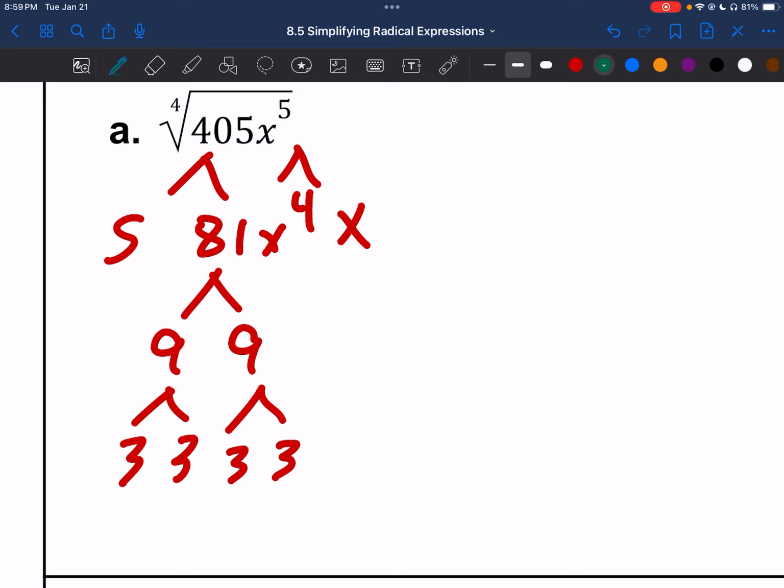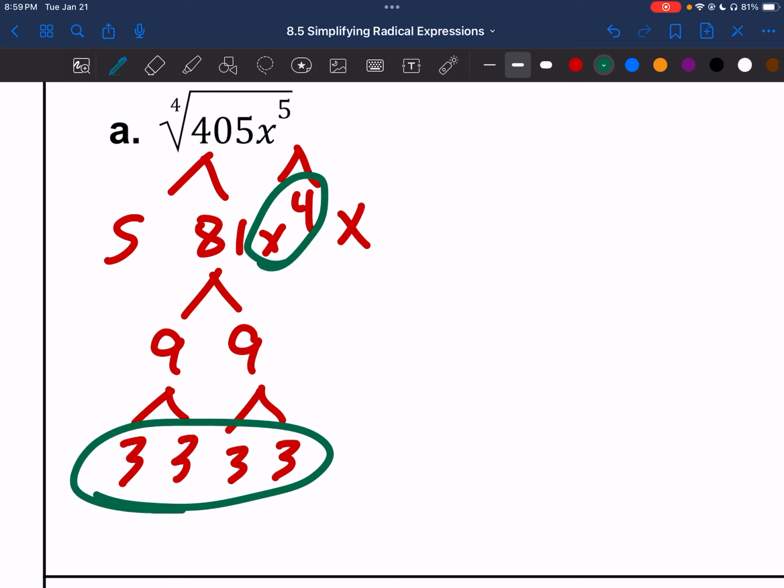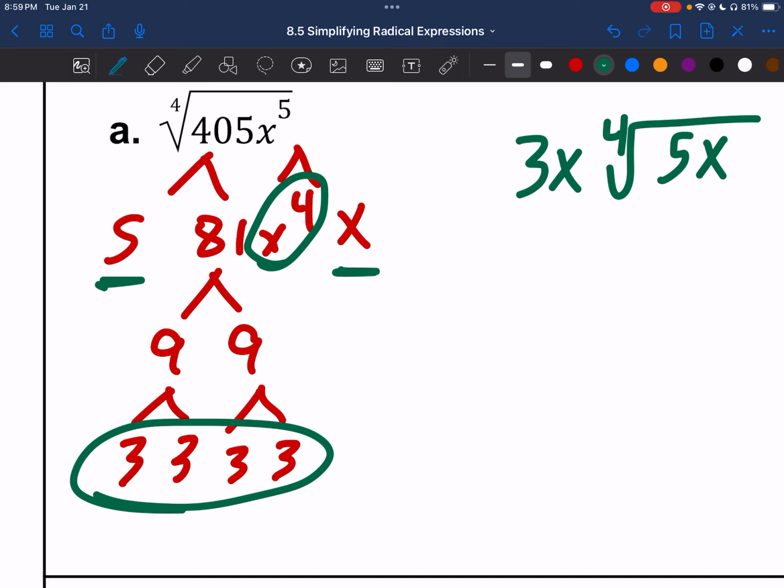So if I'm looking for groups of 4, I have a group of 4 3s there, and I have a group of 4 x's there. So I am going to bring 1 of each to the outside. So we have 3x times the fourth root of, we have a 5 remaining, and we have an x remaining. 5 and x.